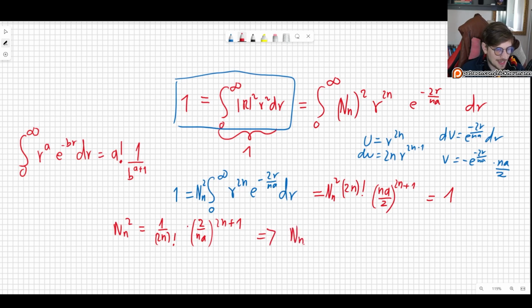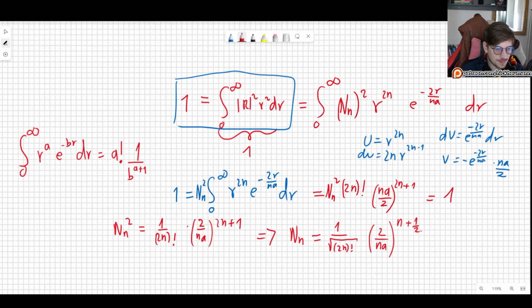So we find n. So we get, let's see, 1 over the square root of 2n factorial. And then, now the square root is the same as multiplying the exponent by 1/2. So we have 2 over na, and this would be n plus 1/2, right? We multiply this thing by 1/2.